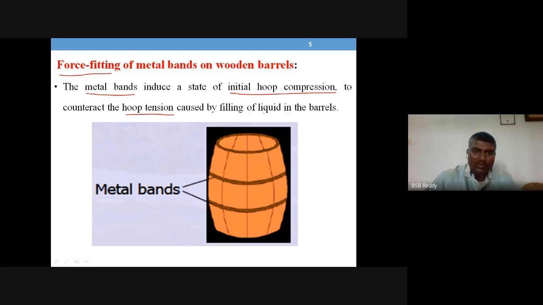So to not have the hoop tension, what you need is hoop compression. That is done by fitting the metal bands forcefully onto the circumference of these wooden barrels. This is for filling of liquids or fine powdered form of materials. This is one good example.